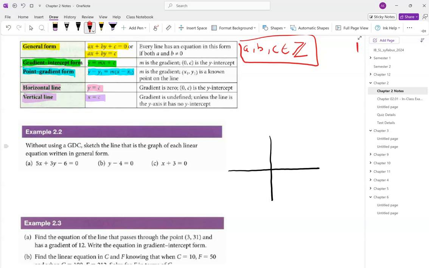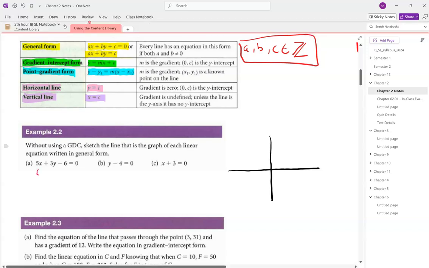I tend to find when I have an equation in general form like this, that the intercepts, the x and y intercepts, are the easiest points to find. So if I pick x to be 0, what does y need to be? Close. Oh yeah, I'm sorry, 2 is correct.